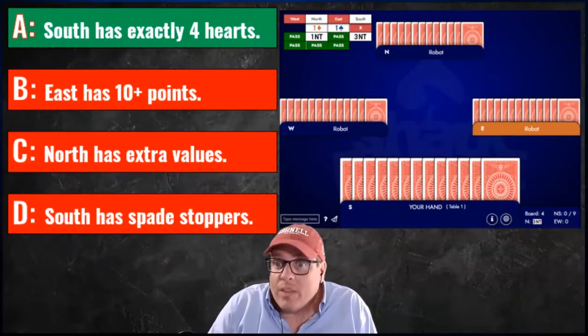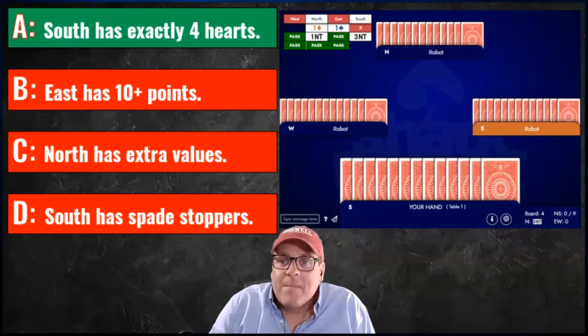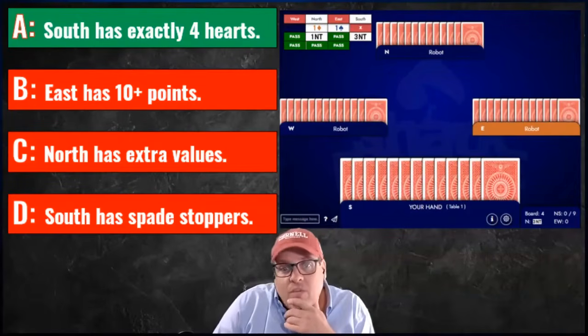However, we know that they don't have 5 hearts because we know they have a good hand. They raised to game. So when they show this 13-point hand with their second bid, we know they would have bid 2 hearts originally if they had 5 hearts and 10 or more points, right? So it's what they didn't do that kind of tells us that they have exactly 4 hearts.